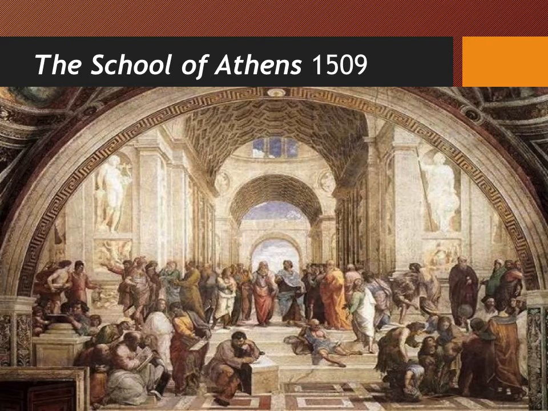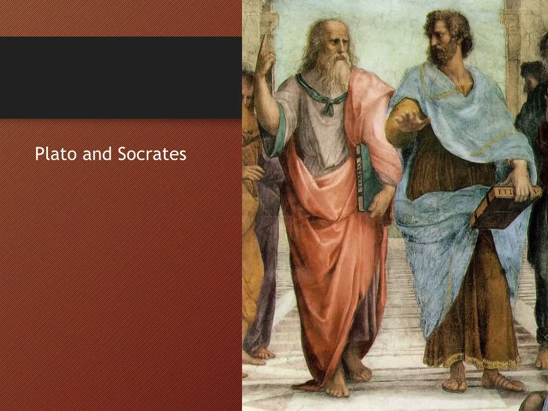So if the architecture is good, Raphael. If the colors are bright and vibrant, Raphael. If there's a character inside of it that's out of the ordinary, that stands out, again, that's Raphael. Okay, that's kind of the three trademarks of Raphael.